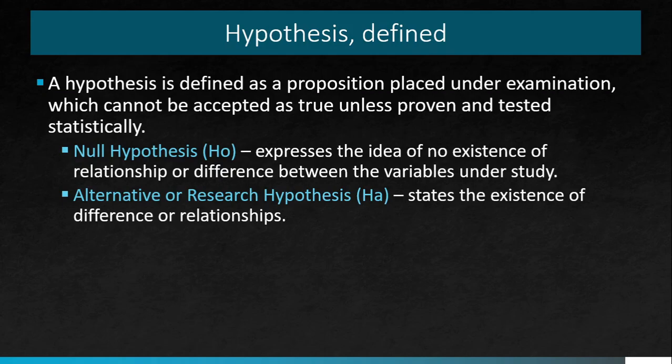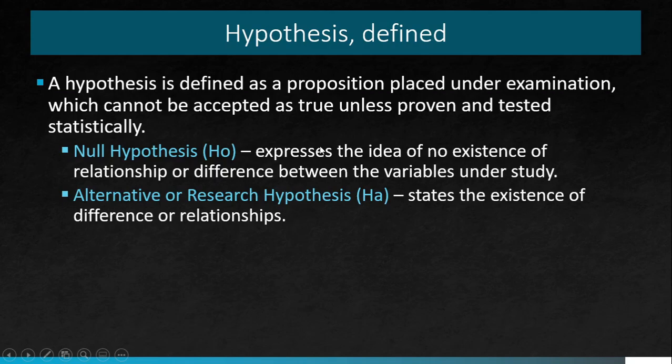Okay? And when you speak of your alternative hypothesis or your research hypothesis, this is actually the opposite of your null hypothesis. So in the null you have neutrality, you have objectivity. Now the research hypothesis will state the existence of difference or relationship. Or to simply put, this is your research hypothesis. This is what you are trying to prove.